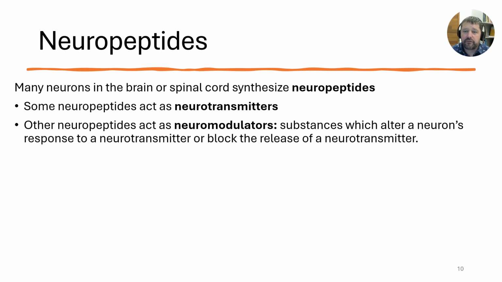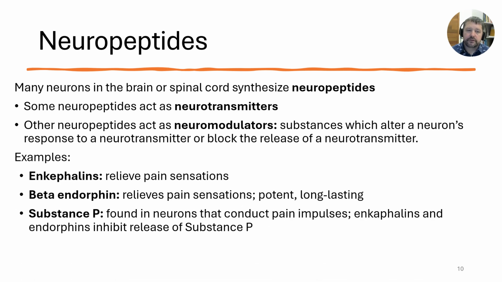A modulator typically will not necessarily block receptors, but might block the release of a transmitter for a limited amount of time. So the modulators are less invasive, I'd say, than the inhibitors. We'll look at this here shortly when we talk about some things.